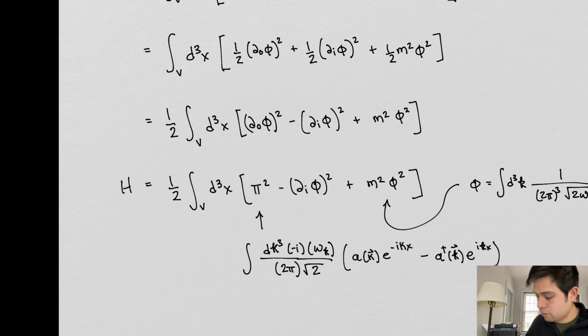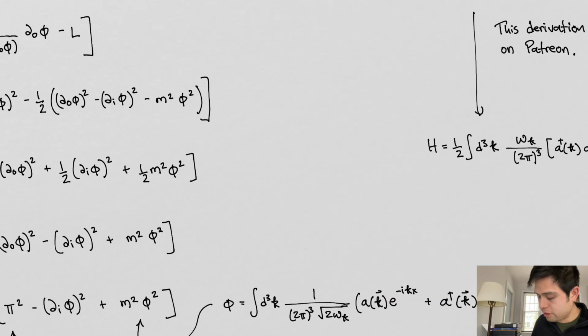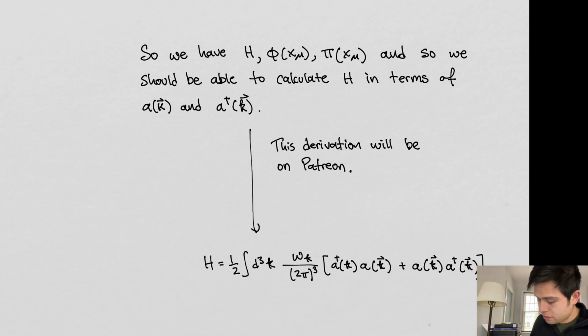And what we want to do now, go back to my pointer, come back up here, is we're saying, okay, so we have H, we have our solution, we have our conjugate to our solution, and so we should be able to calculate H in terms of our creation annihilation operators.